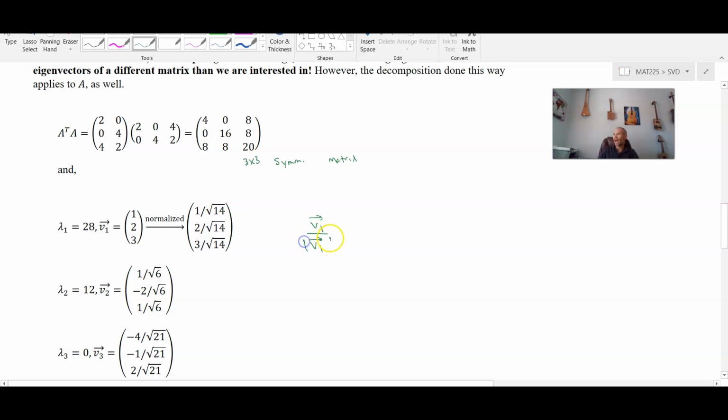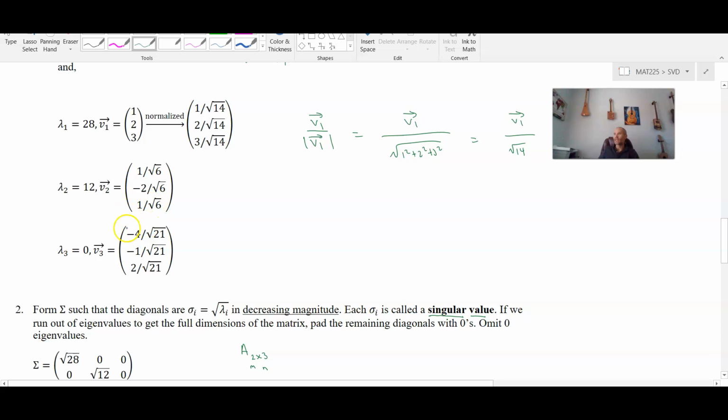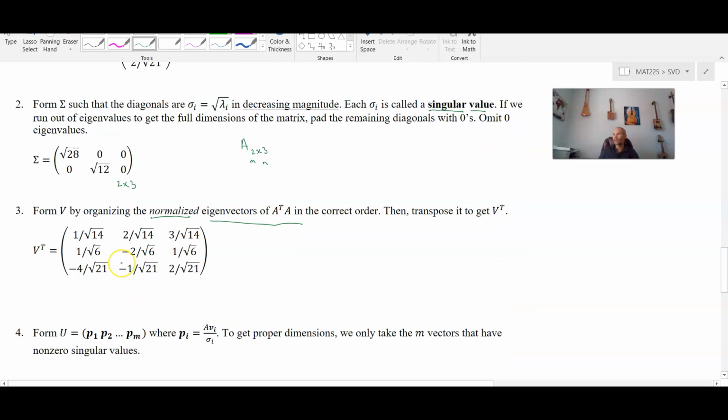In this case, the magnitude of V1 would be the square root of the sum of the components squared, which is V1 over, that's going to be 1 plus 4 plus 9 is 14.